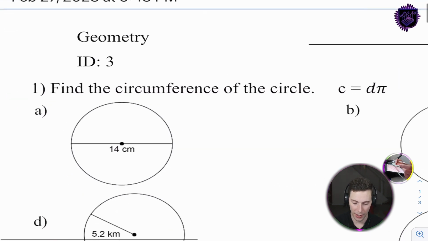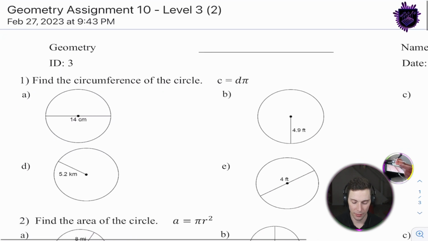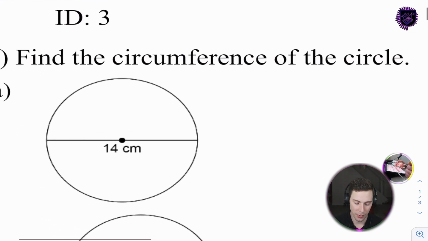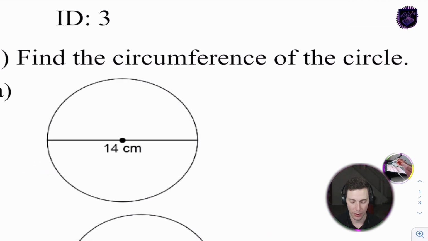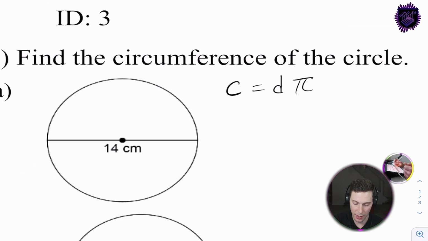It says find the circumference of the circle, and all of question 1 is finding the circumference. The first one, we're given the diameter. So the formula, always write down the formula, is circumference is equal to diameter times pi.